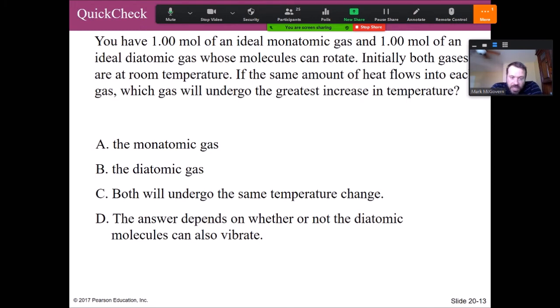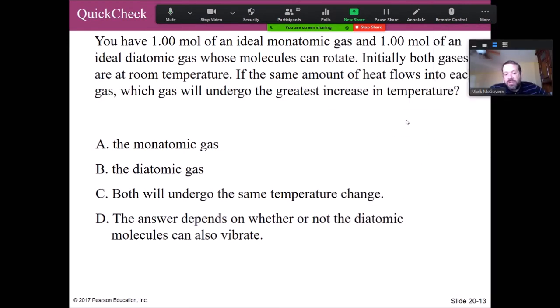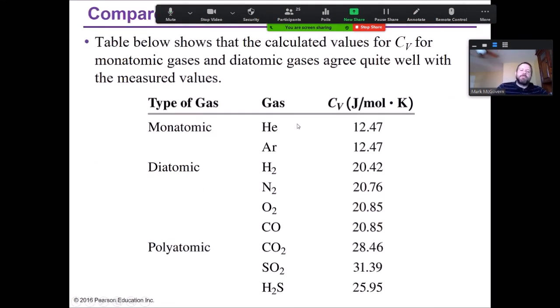Ultimately, the specific heat of the monatomic gas is lower, and so when you impart heat, you can get it to a much higher temperature. The answer is A. It's the same logic we had before. A smaller specific heat can take more heat and raise temperatures. Something with a larger specific heat is stubborn, right? That's what we said.